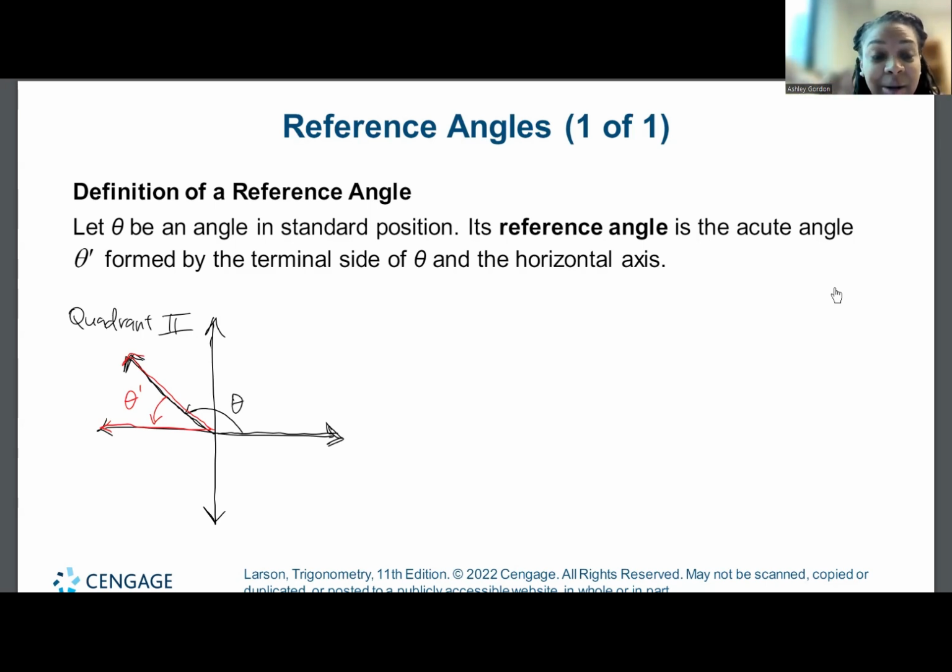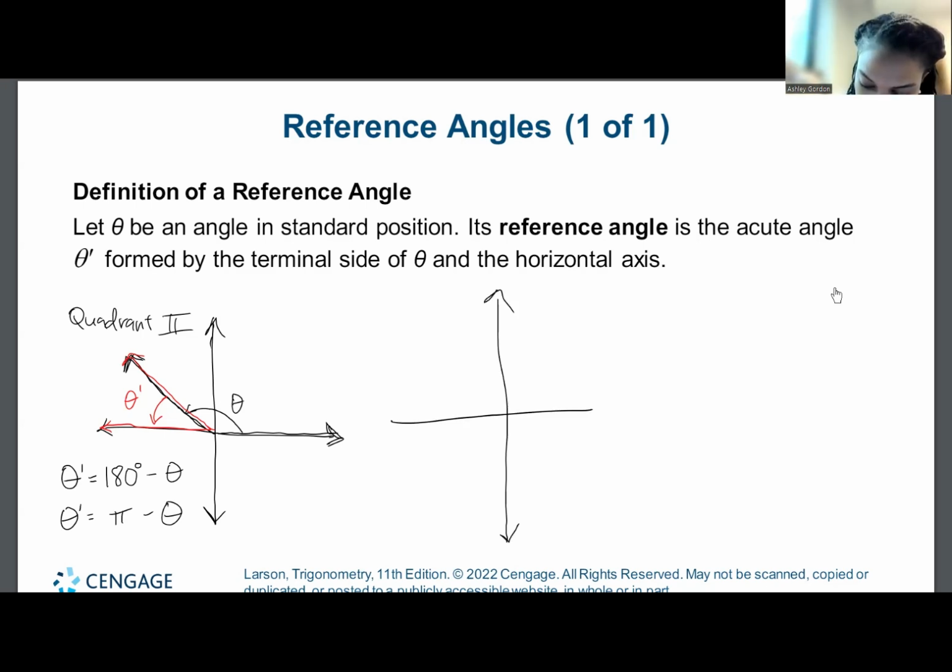It's read as theta prime, just to distinguish it from theta because they're not the same. To get theta prime in this case, you would do 180 degrees minus theta, or pi if you're using radians, minus theta. That'll give you the reference angle.